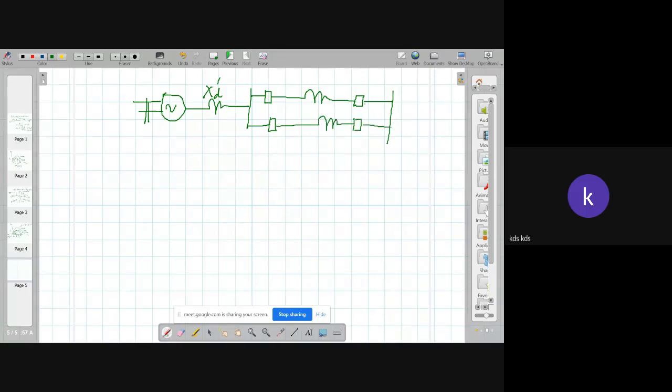Whenever the fault occurs at the middle of one of the transmission lines, we need to represent it as XL by 2 on the left hand side, and XL by 2 on the right hand side of the fault point.